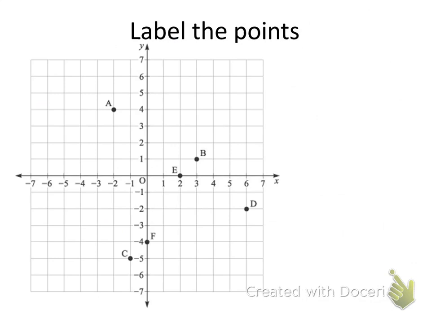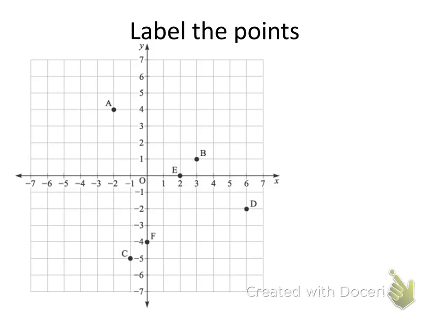So now what they've done is they've given it to me in reverse order. Now the points are already plotted, and they want me to write the ordered pair that would describe these points. So we're going to start with point A here. Remember, an ordered pair is always written x, comma, y.